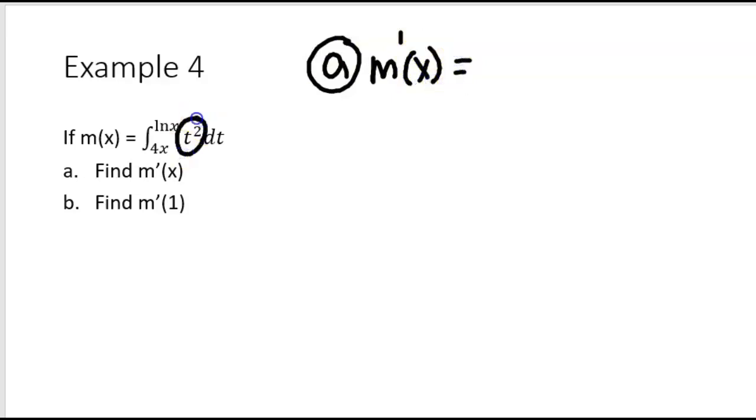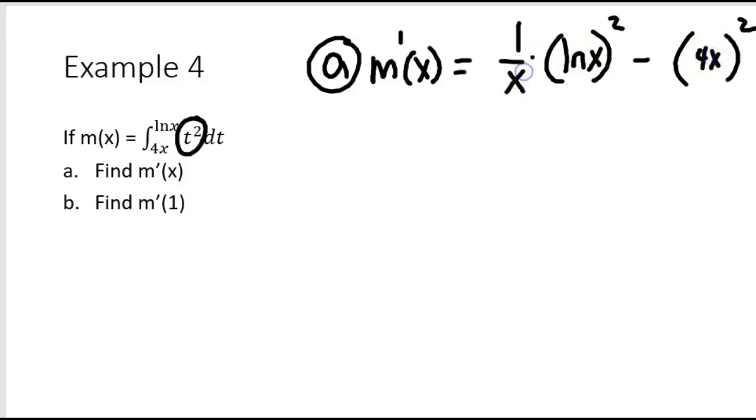So I'm going to write this function twice, with a subtraction sign in between. And you're going to plug in the top number first and the bottom number second, and you're going to multiply by the derivatives of those things on each one. So that's A.